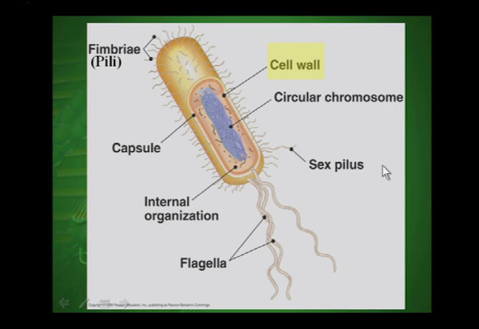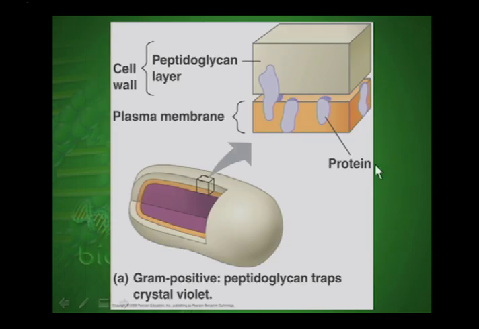All right, now the cell wall would be internal to the capsule, if a capsule is present, and the cell wall is highly permeable. And in many prokaryotes, the cell wall is composed of a material known as peptidoglycans. And so the peptido is telling us that there's a protein element here, or amino acid element. Glycans is a reference to sugars.